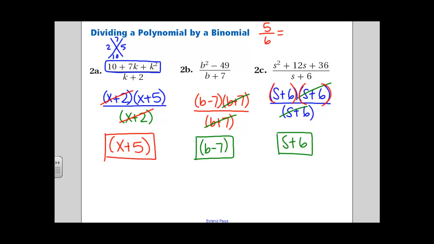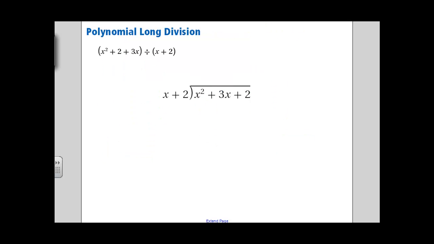It's a messy answer, it's a decimal, but I can still end up with an answer. So that's what we're going to be doing today, is figuring out messy answers for polynomials. So I'm going to do a couple that we could factor with so that we know we're getting the correct answer. And then we're going to do some that have remainders that are messy that we couldn't factor.